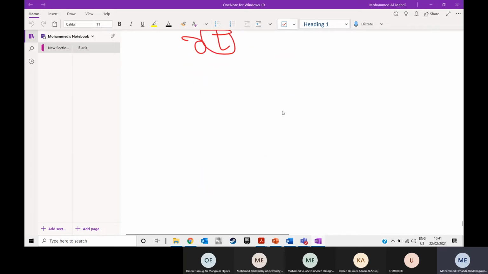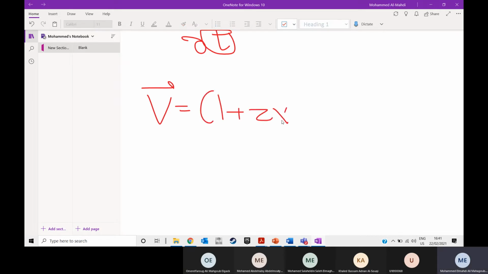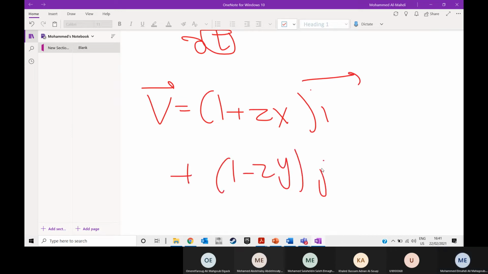Once we had a question in the midterm, let me write it for you. He gives us a velocity field: 1 plus 2x i plus 1 minus 2y j.